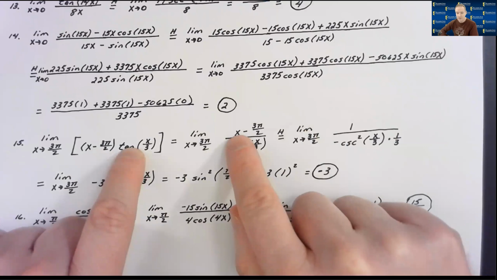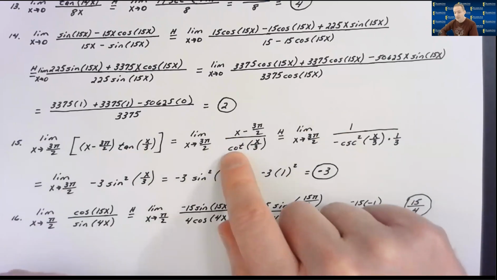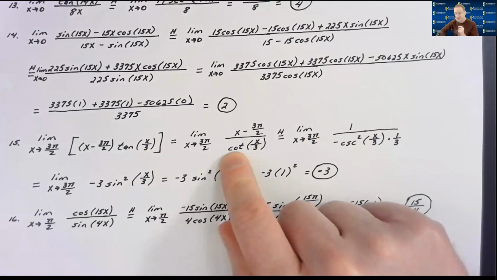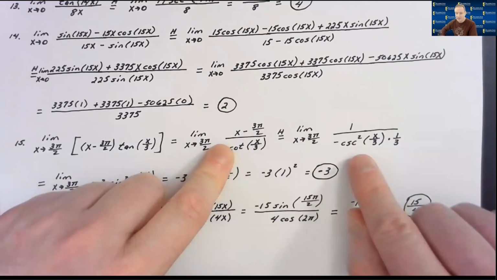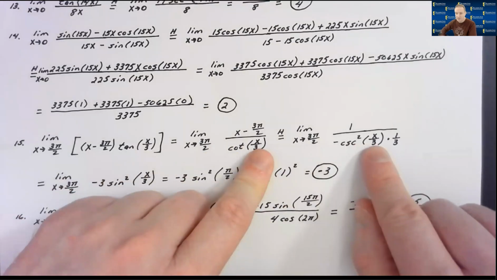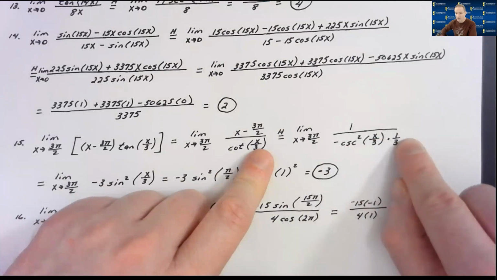It's just a linear function with a coefficient of 1. My denominator, I have to remember, the derivative of cotangent is negative cosecant squared of that angle times the derivative of the angle. So it's negative cosecant squared of x over 3. And if you think of that x over 3 angle as 1/3 x, you can easily see the derivative of the angle is 1/3.